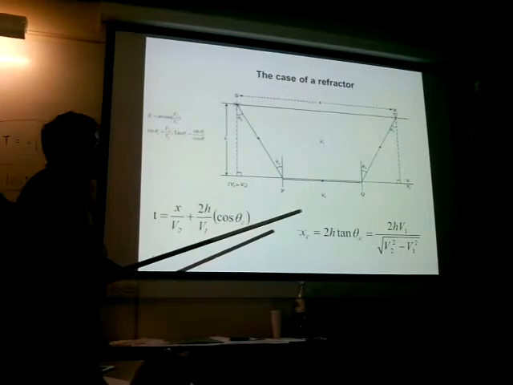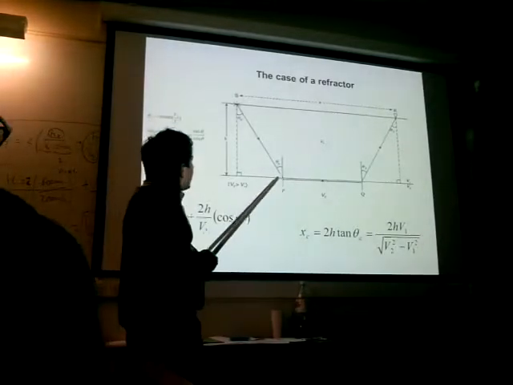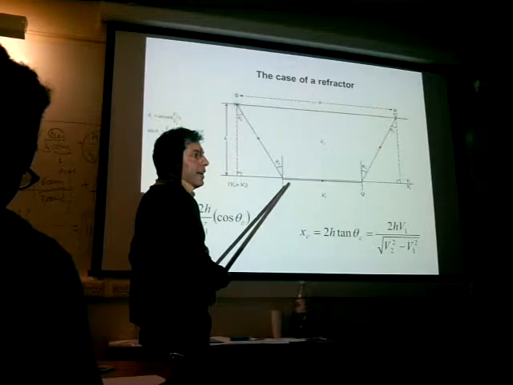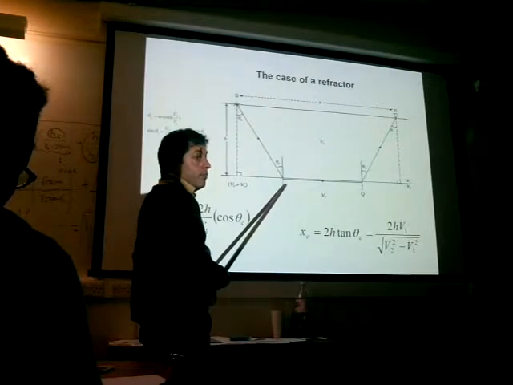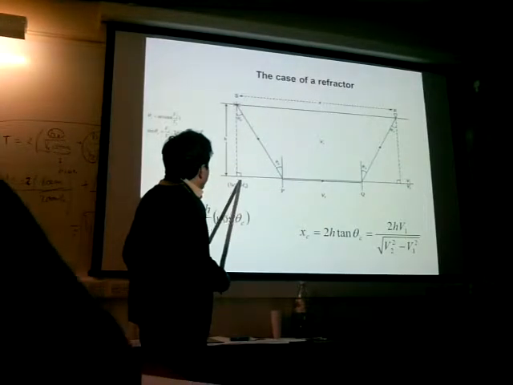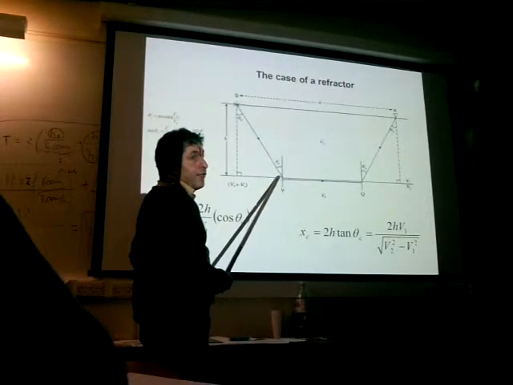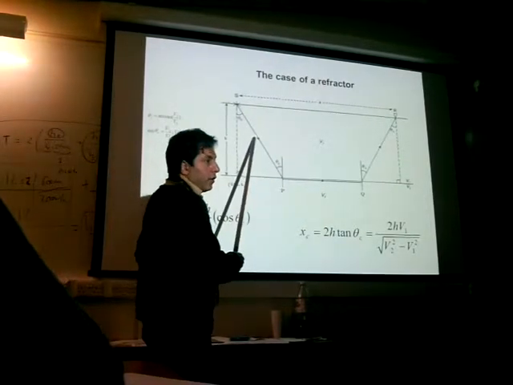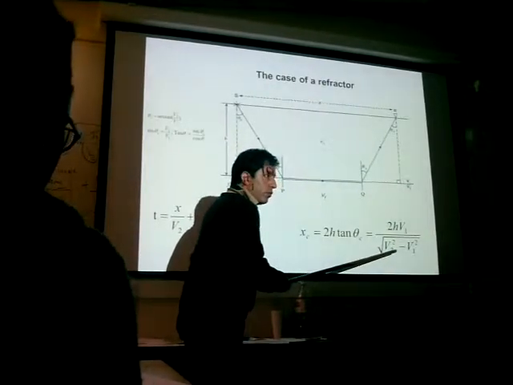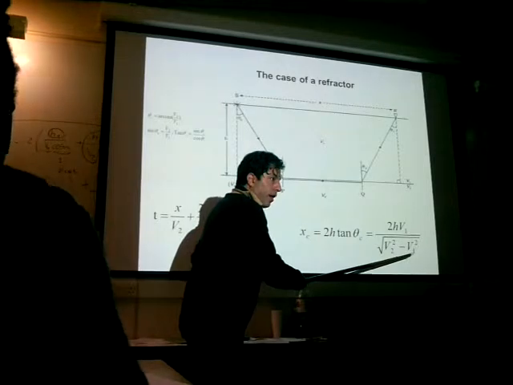The only way you can have a critical distance, the critical distance is the minimum distance in order to get a refracted, basically, ray. And to get the minimum critical distance is nothing else than that distance that is function of the various critical angle. As you see, it's proportional to the inverse of the root of the square velocity 2 minus 1.